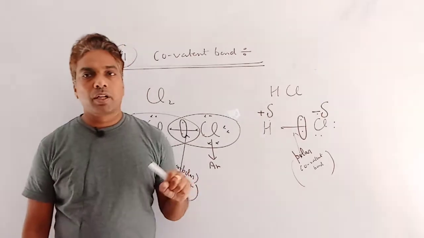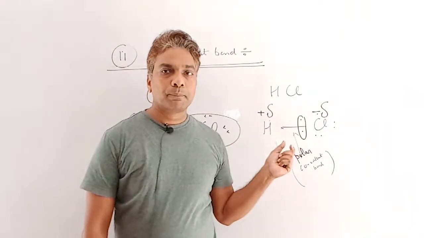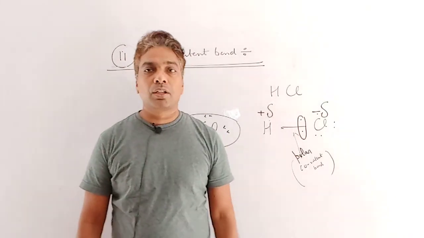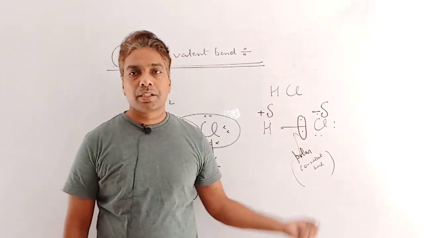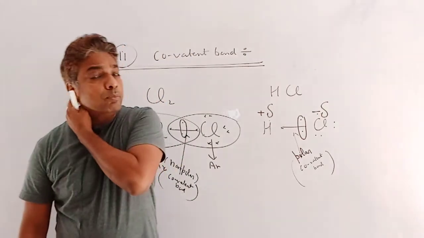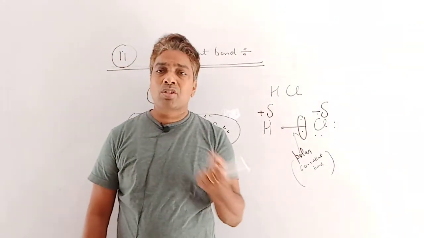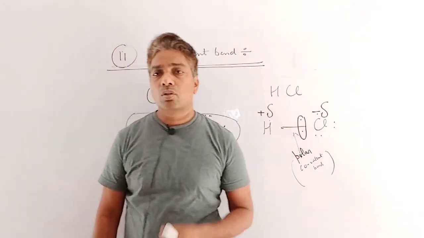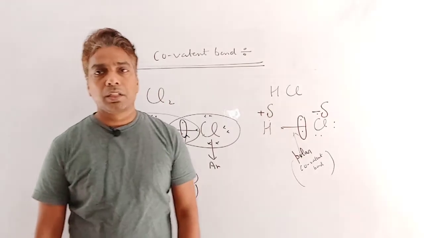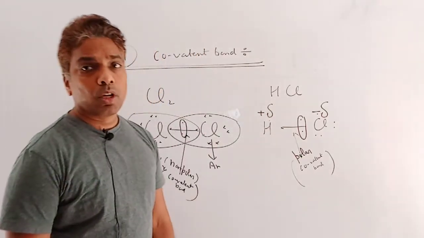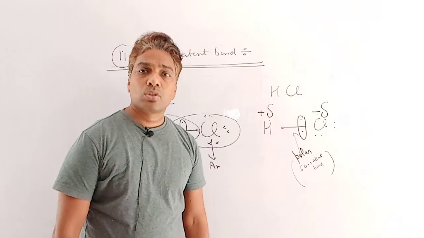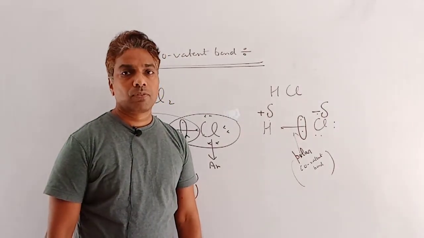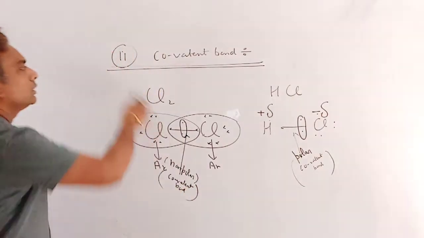When there is a difference of electronegativity between the atoms, then the shared electrons are slightly shifted towards the highly electronegative element, like HCl. So partial charge will be developed on both atoms. Such type of covalent bond is called polar covalent bond. Is it clear? In case of polar covalent bond, the molecule may show dipole moment.